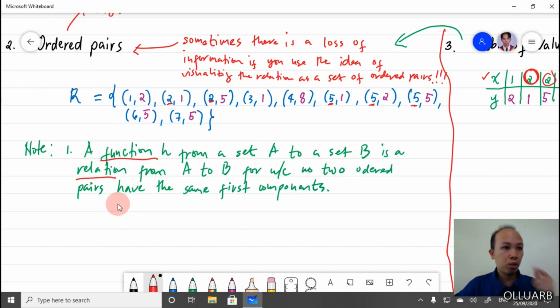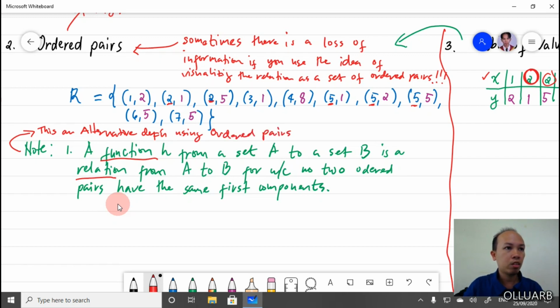I want you to know that this note here is an alternative definition, which is how most mathematicians define relations and functions, through the use of ordered pairs.